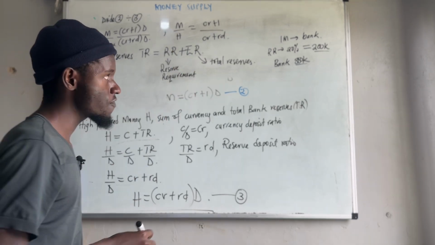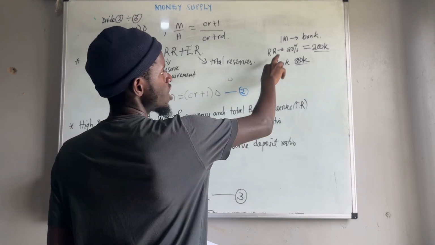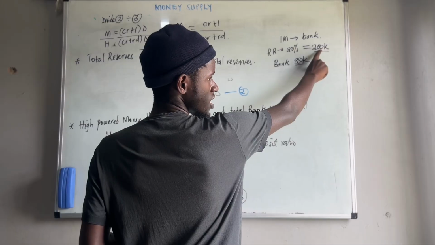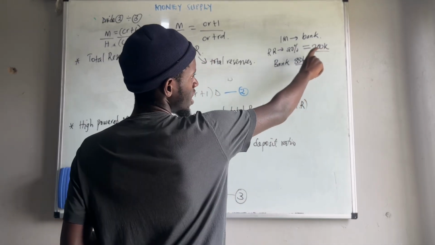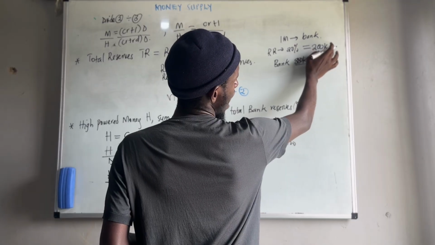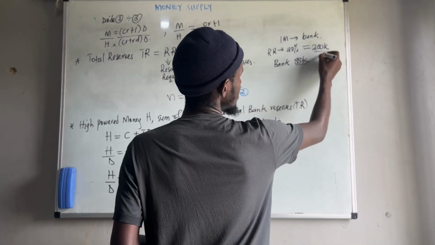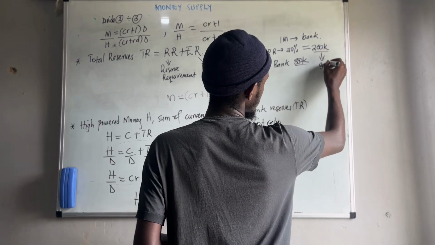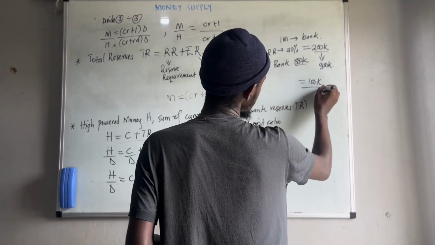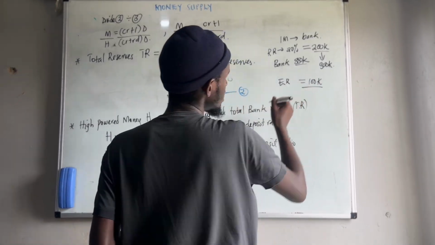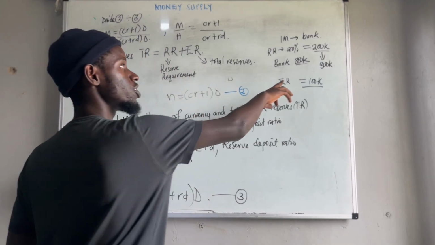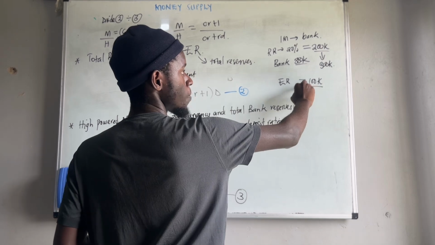For example, if the commercial bank is required to keep 200K as the reserve requirement, but instead keeps 300K, the difference of 100K becomes the excess reserves, because it is in excess of what is required.